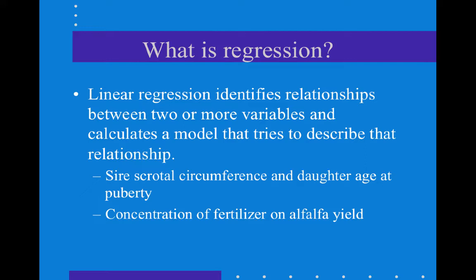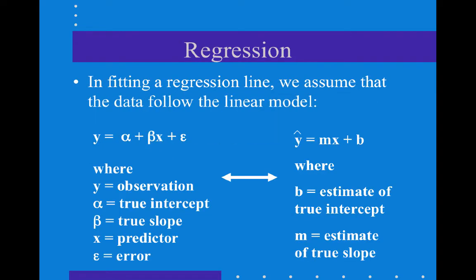Some common examples in animal science include the scrotal circumference of a sire compared to the age at puberty of his daughter, so two very different traits. And on the agronomy side, if we tried to look at the relationship between the concentration of fertilizer application and the yield in alfalfa, a regression analysis can help us answer those questions.